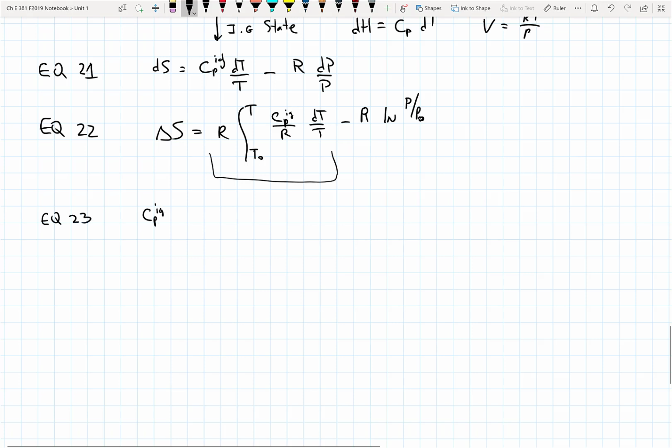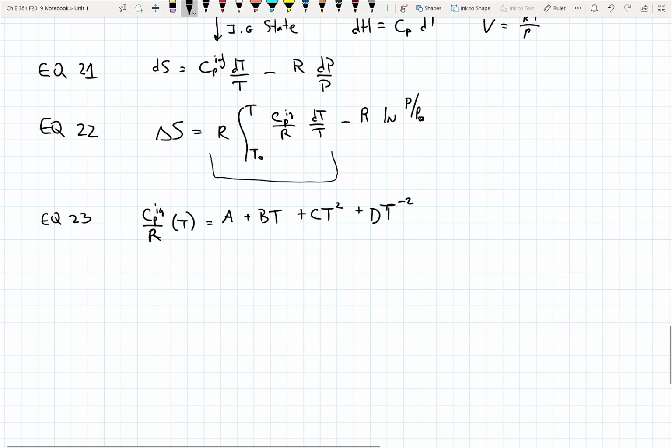The standard correlation that we use is just a simple polynomial fit. So again, there's no pressure dependence for the heat capacity. So the temperature dependence is well represented by a polynomial. So it's quadratic, and then some species fit better to an inverse quadratic, so then there's a fourth term on there.